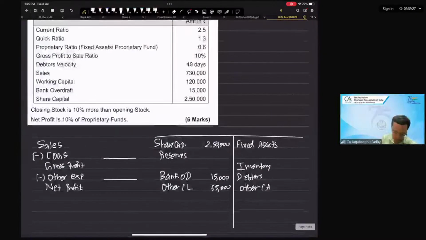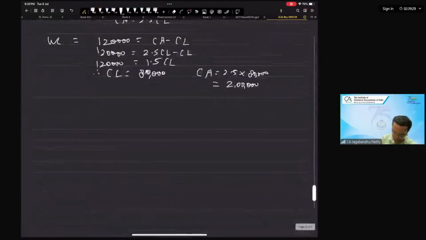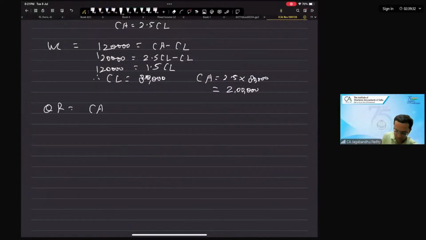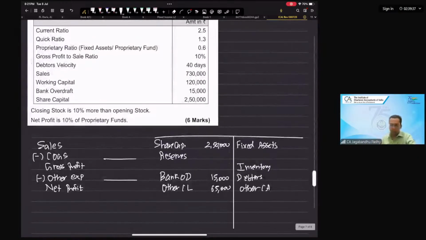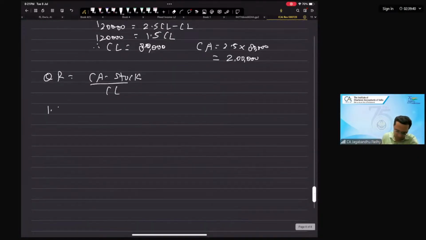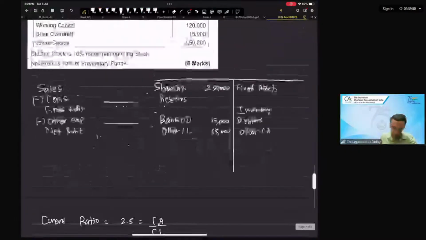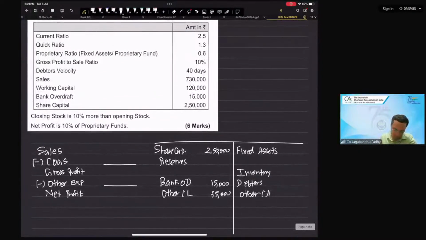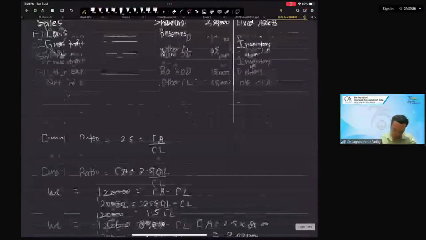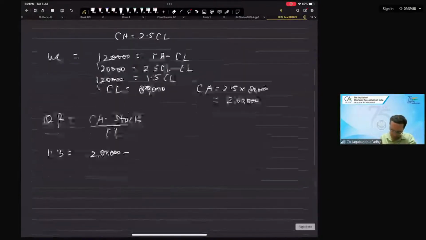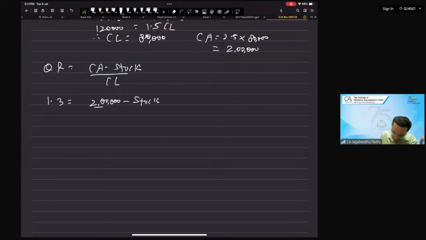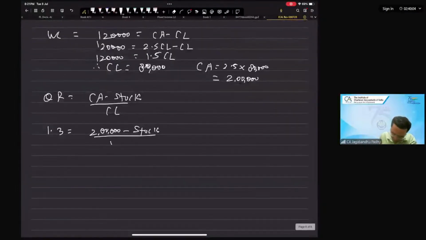Then we will use the quick ratio. The quick ratio is going to be current asset minus inventory or stock upon current liability. Quick ratio is given to be 1.3. So 1.3 is equal to current asset, which is 2 lakh, minus stock, the value which we need to get, upon current liability of 80,000.